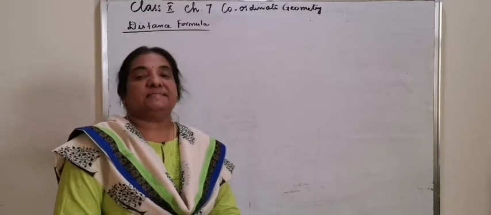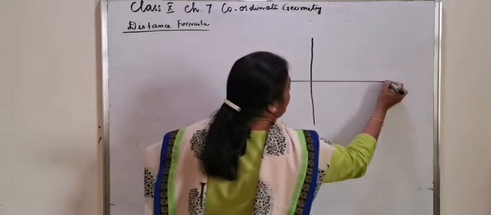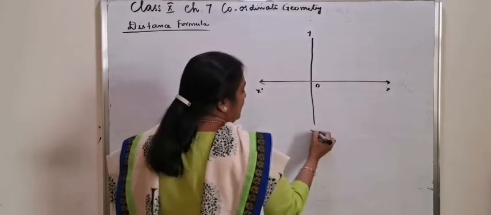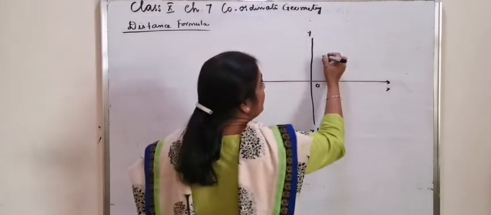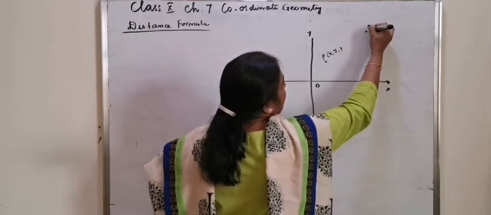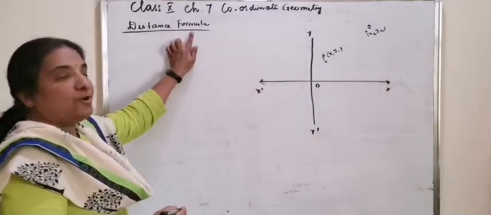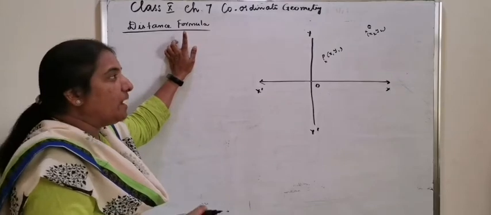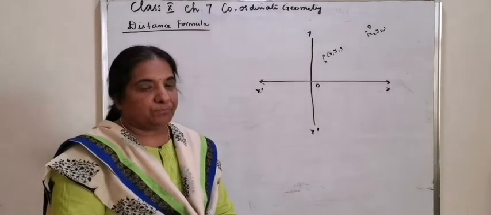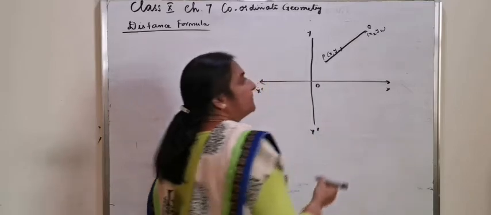If you have a coordinate system and there are two points in it represented by (x1, y1) and (x2, y2), by distance formula, you have to find out the distance between the points P and Q. That is, what is the length of the line segment PQ.